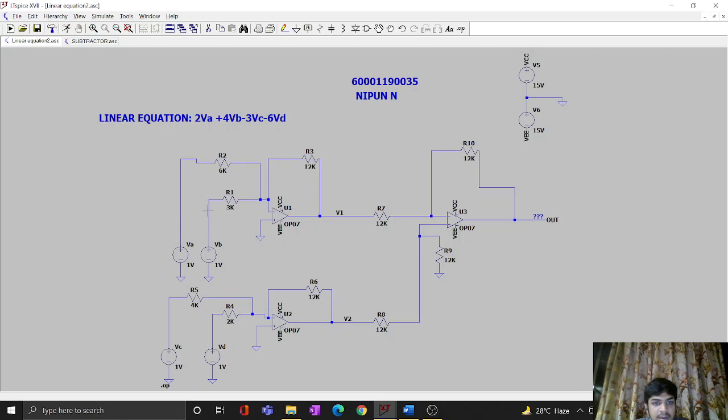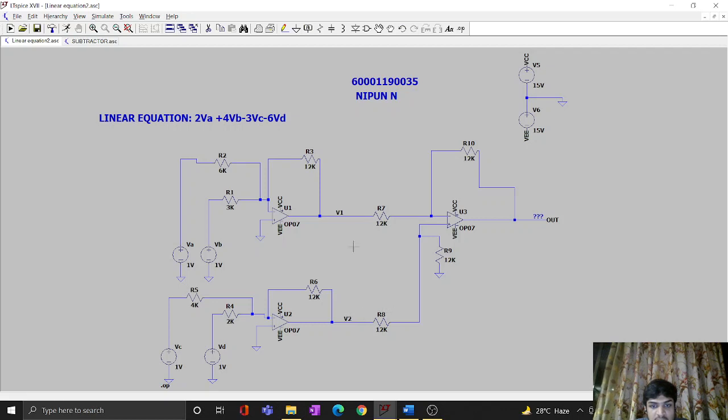V1 will give you a value of minus 2VA minus 4VB, as it is connected to the negative terminal of the op-amp. The same will be the case with minus 3VC minus 6VD in this op-amp, as it is connected to the negative terminal as well.